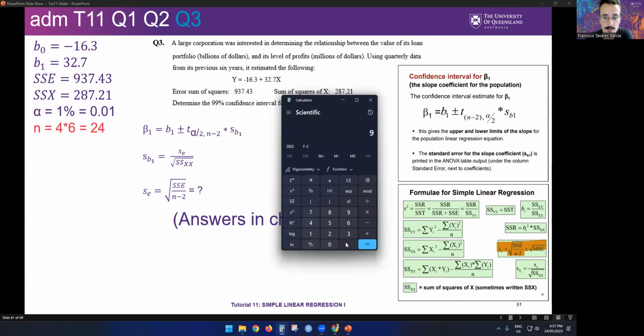SSE is 937.43 divided by, we had n, which was 24. See, I open a little bracket there. But we need to subtract 2 for our degrees of freedom. So it will be 22, 24 minus 2. This division is equal to 42.610454554545.